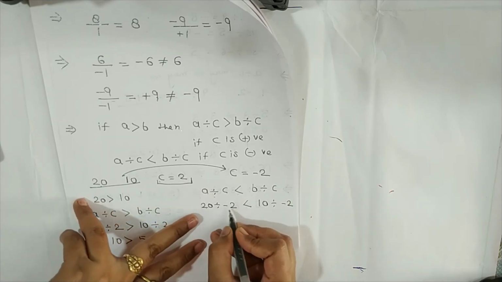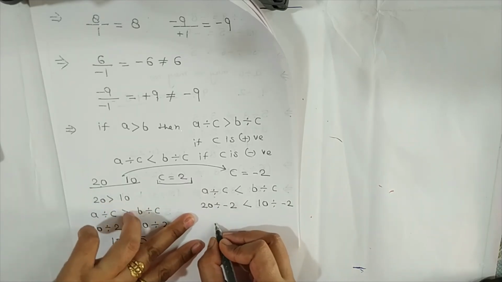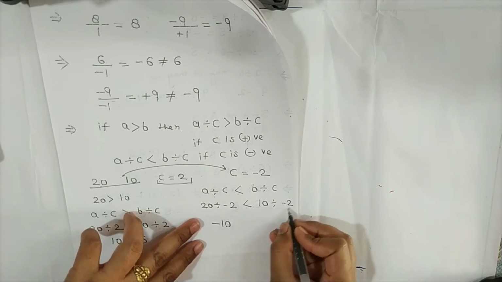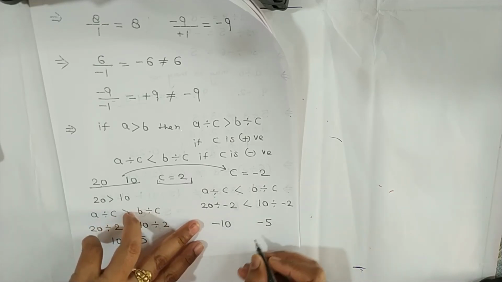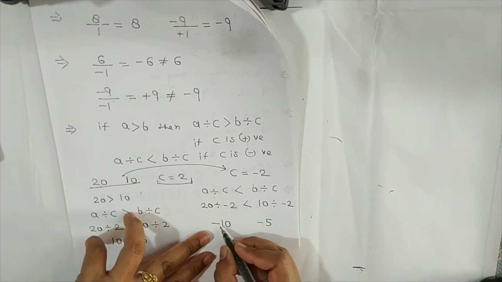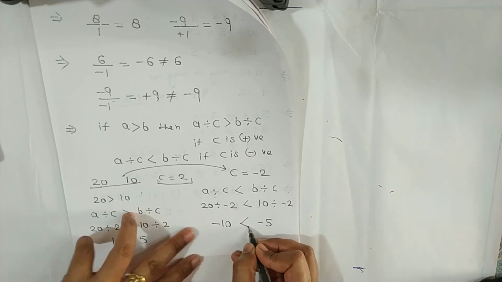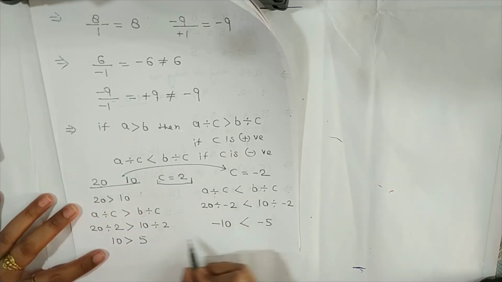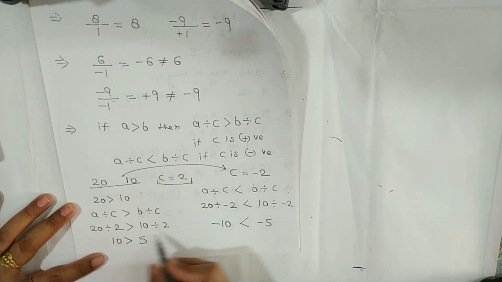So 20 divided by minus 2 is equal to minus 10 and here it will be minus 5. We know that minus 5 is greater than minus 10, so we have to put this sign. So this has been proved.